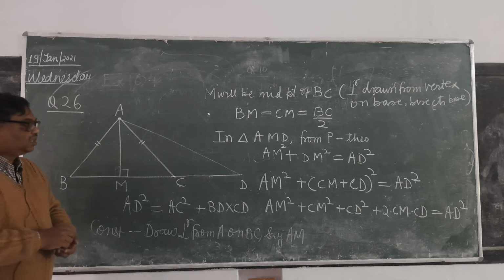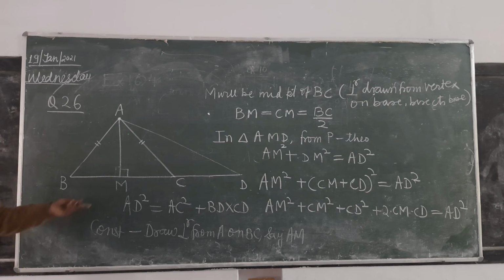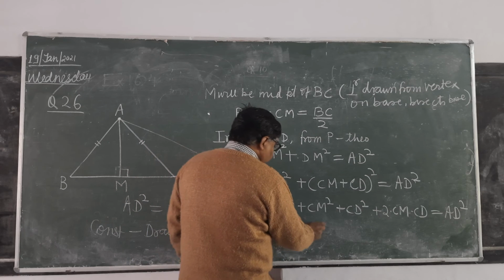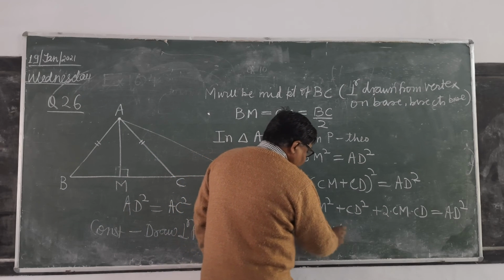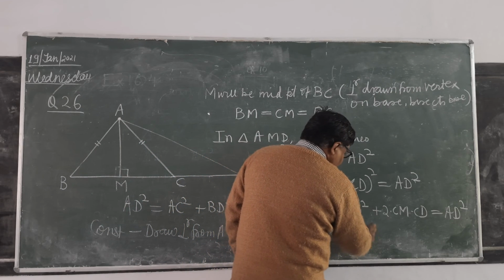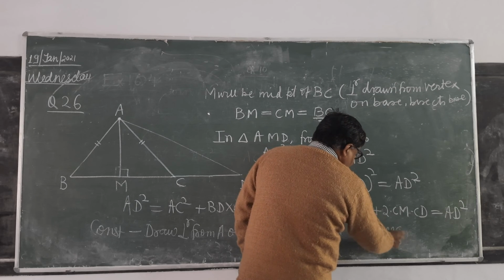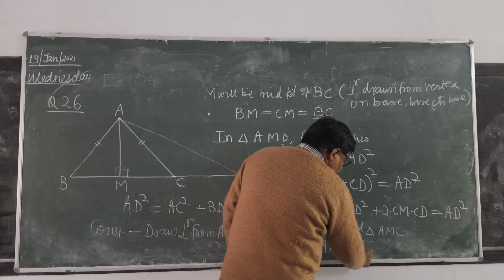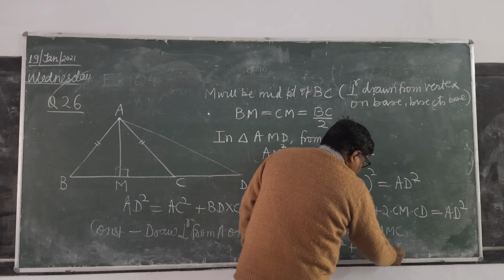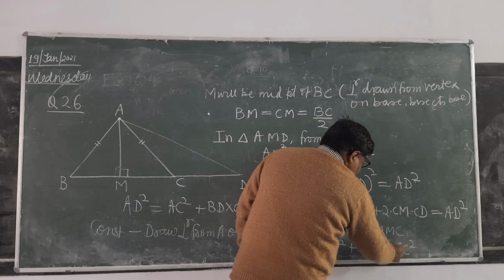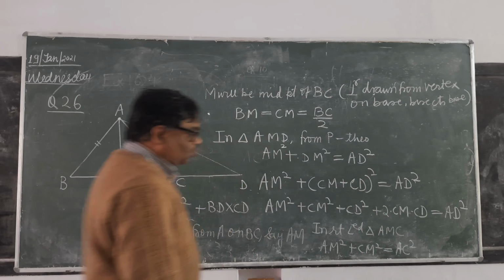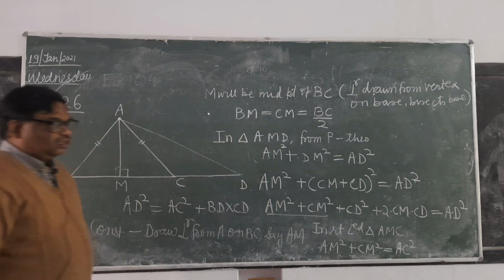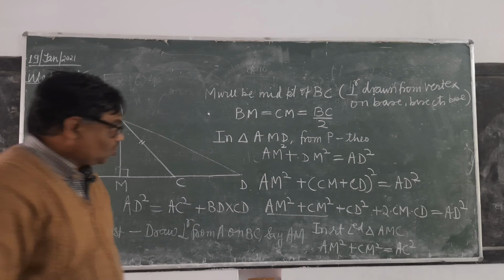AC square. It is clear? So have you noted this? So in right angle triangle AMC, AM square plus CM square equals to AC square. This is from Pythagoras theorem. So in place of this, we will write here what? AC square. You write down AC square.